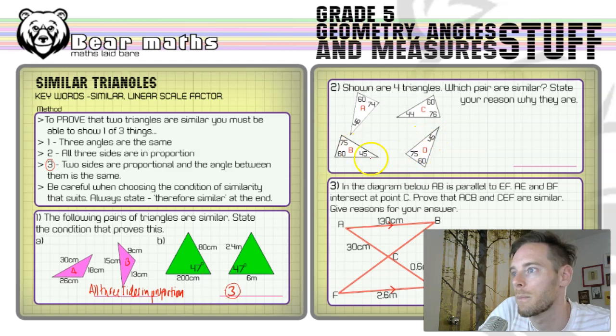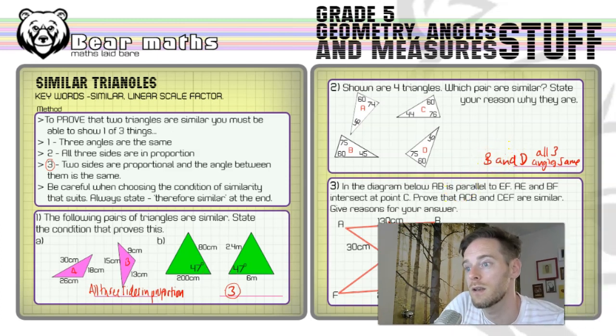It's 60, 75, 45. It's B and D, isn't it? They're the ones that have got all 3 angles the same. They're not drawn to any particular scale, but they are similar. So B and D, and then the reason would just be all 3 angles are the same. Hopefully that makes sense to you.